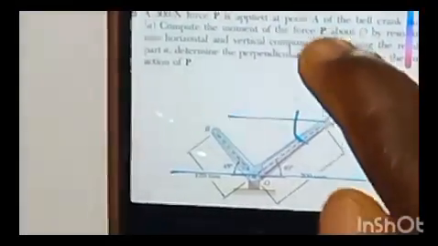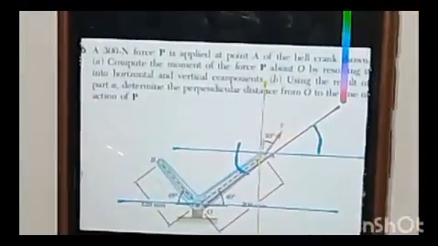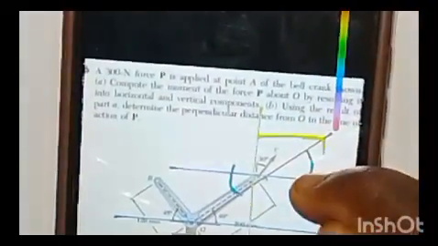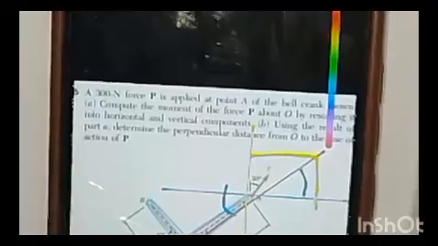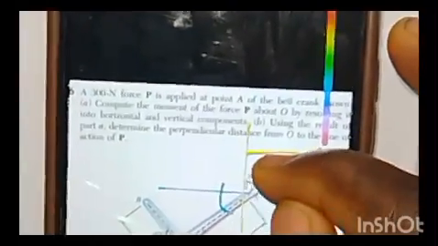Let me use another line. This will be our y component. So the total sum of angles in this direction is 90 degrees.